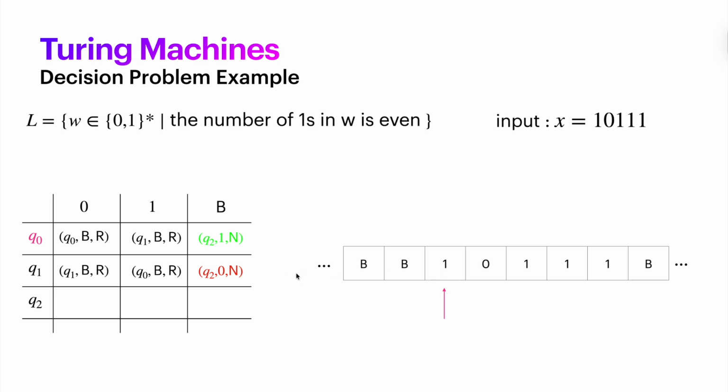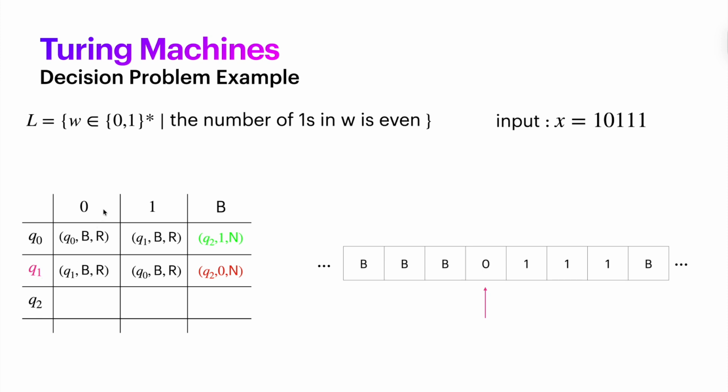This would mean that we're currently at state Q0 and we observed a 1. Our transition function says overwrite the 1 with the blank symbol, change to state Q1 and move 1 to the right. We overwrite it by the blank symbol, move 1 to the right and change our state to Q1.